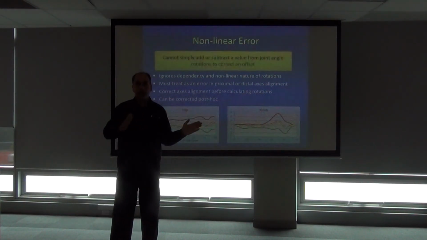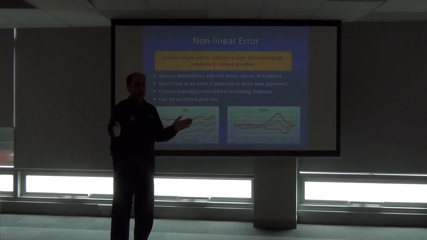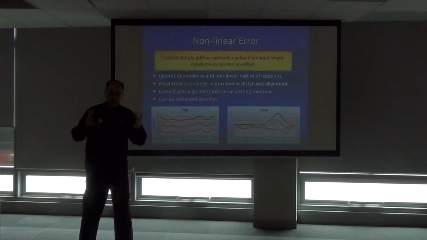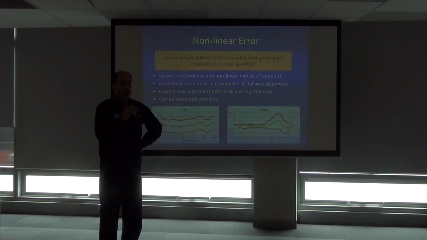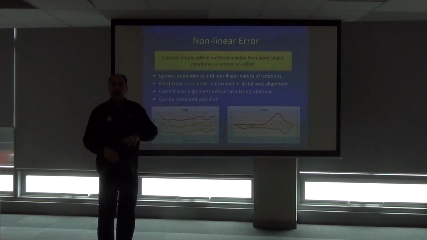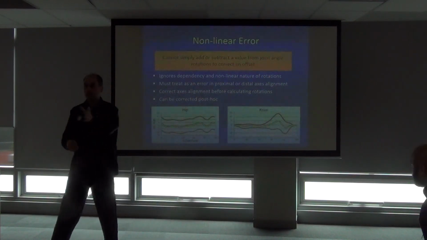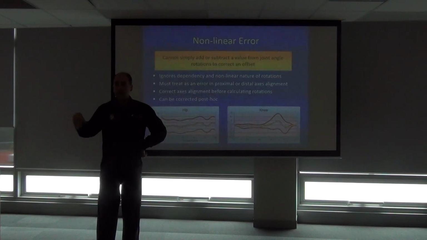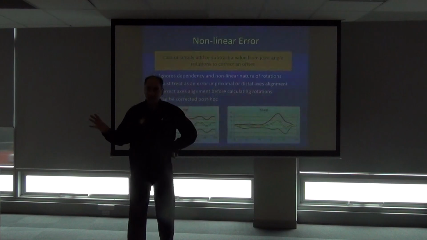You go along X, add a bit more on X, go on Y, add a bit more on Y or Z, because they're independent. These aren't. You cannot have an offset for any joint rotation and just put a correction on it. Same thing, you cannot take a static trial, calculate static joint angles or movement joint angles, see an offset in the static, and just add or subtract an offset to your calculated rotations. That is incorrect. It is wrong. You can't do it.